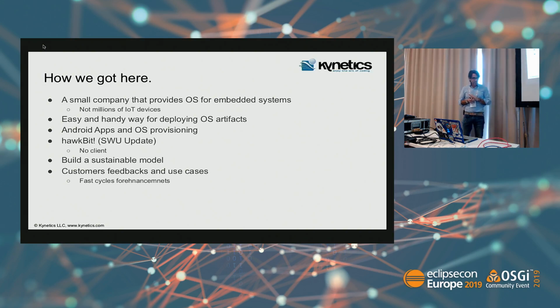That was really time consuming. We needed a way for customers to deploy the image we compiled with literally a drag and drop action. The pipeline uploads the image on a delivery server, an artifact repository, and then with a UI you can decide which image you want to test on your target device.